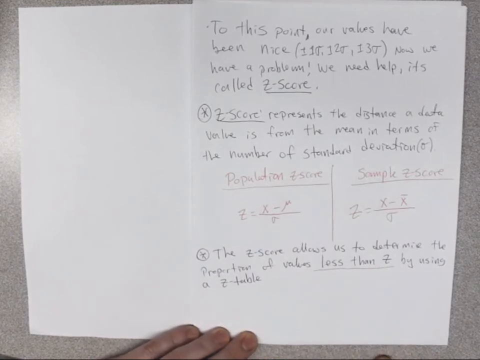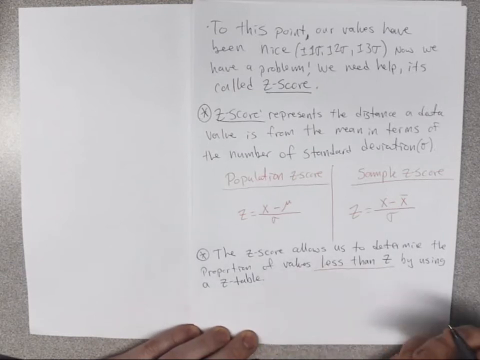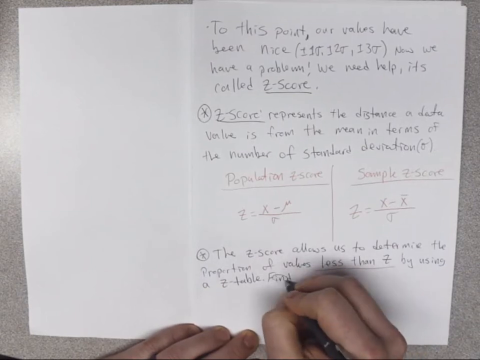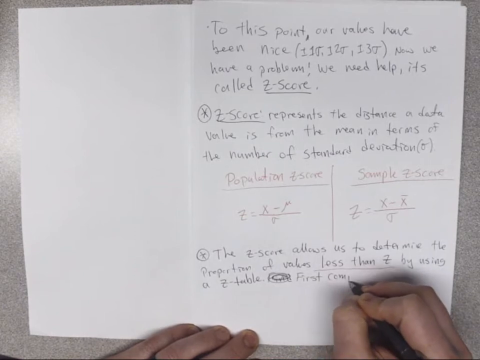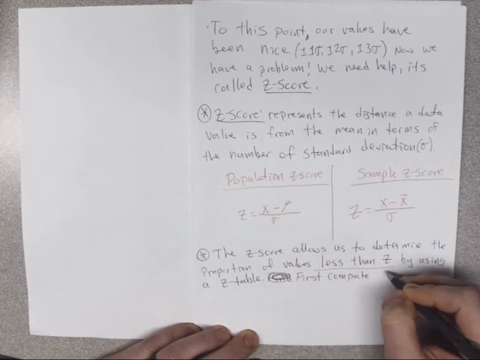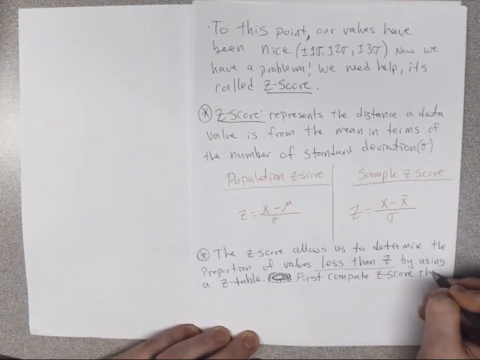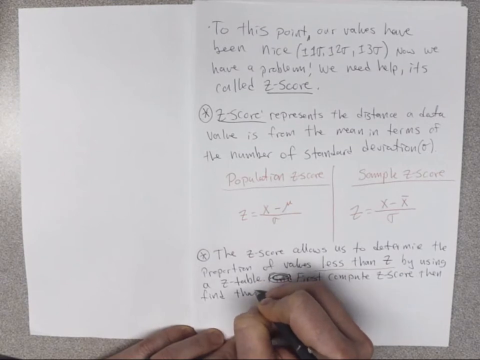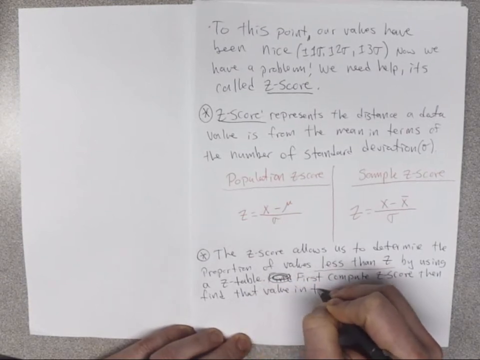I will also print one out and give it to you. So the way this works is you would first compute the z-score, then find that value in the z table.